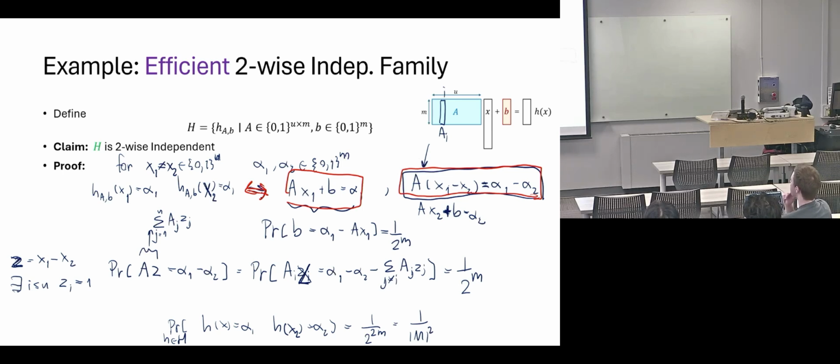We ask for the event that, given x1, x2, alpha 1, alpha 2, right now you think of x1, x2, alpha 1, alpha 2 as some fixed vector. And now the only thing that is random is just A and B. This is a probability over A, B. That's the only thing random right now.